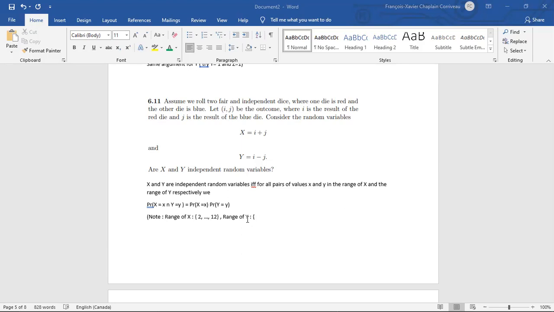Minus 5 to 5, exactly. So read the variable carefully. X is the sum of two dice. What is the range of a sum of two dice? It's from 2 to 12.